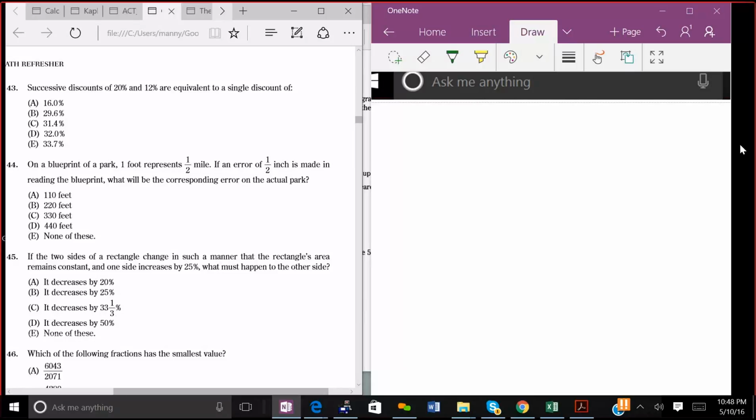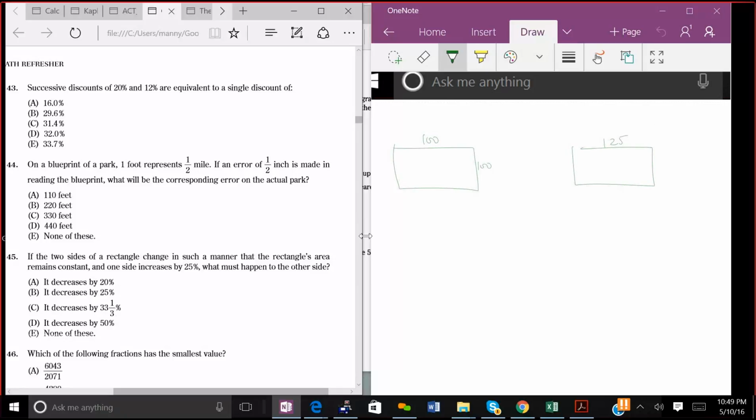Is it D? No, no. Remember I showed you that thing earlier. You can just have two rectangles and see what happens. 100 and 100. The first one goes up 25%, so it's like 125 here. And this one changes.